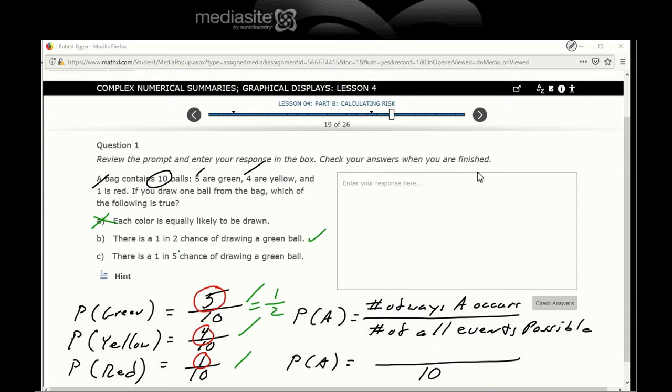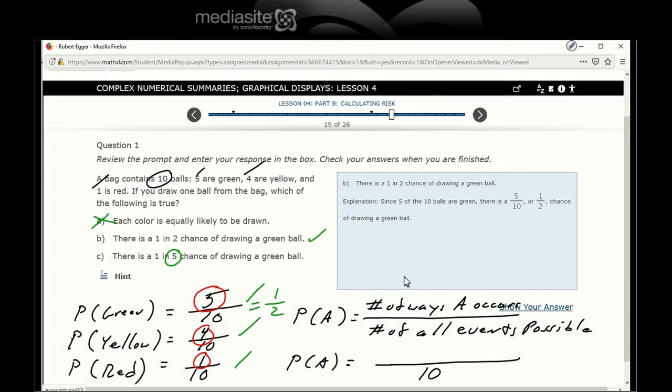No, there are 5 chances to draw a green ball, but 5 chances out of what? Out of 10. So it has to be B, 1 in 2 chances. Yep, there we go.